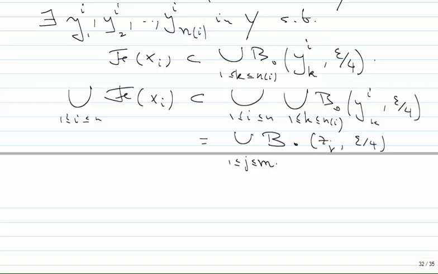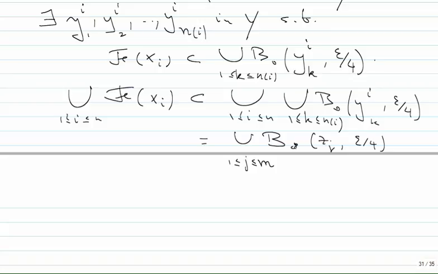So we have finitely many open balls centered at certain points. If they are the same centers, put them together. If not, count them. So these zj's are all these centers, and there are finitely many of them.